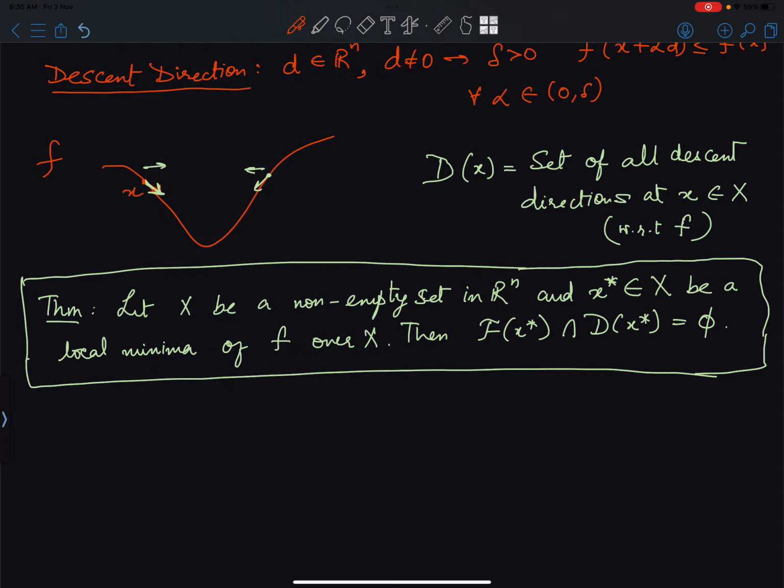This is what we generally want. If I am at a local minimum, I don't really want a direction in which I move and still reduce. So suppose this is a function, right? And maybe I'll make a better function. Suppose, I don't know.